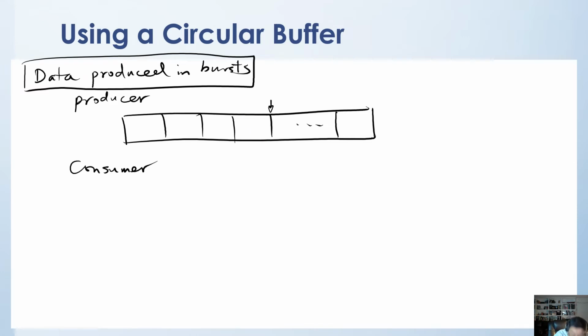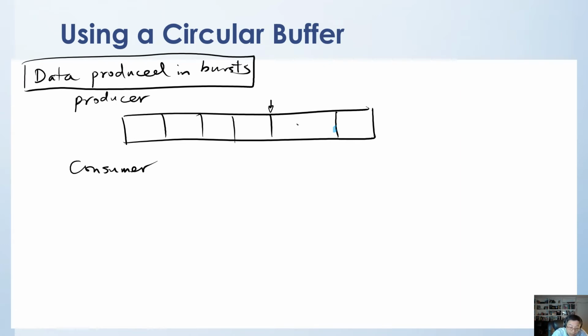Then the producer can have the next burst. The producer can produce data at a very fast speed, and later the consumer follows the producer at a much slower rate and removes the data. So producer and consumer operate at different rates. The producer is bursty in nature: it produces a burst of data items, and the consumer slowly consumes them.